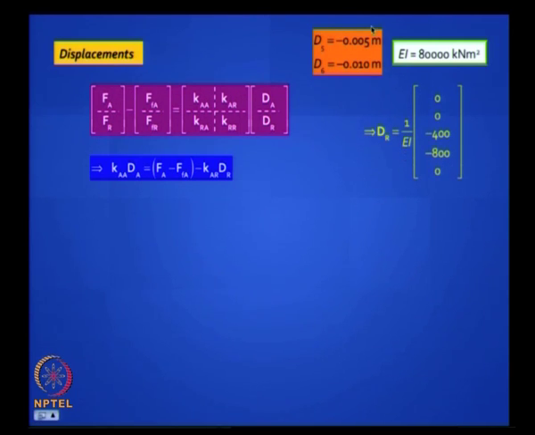You understand? In other words, if you multiply these two with 80,000, you can write this as 1 by EI into minus 400 minus 800. In short, if you take this product, you will get minus 0.005 meter. Is it clear? This is a clever trick to do, so that you leave your stiffness matrix in peace, that EI gets cancelled out. And there are 5 elements here because there are 5 restraint coordinates.